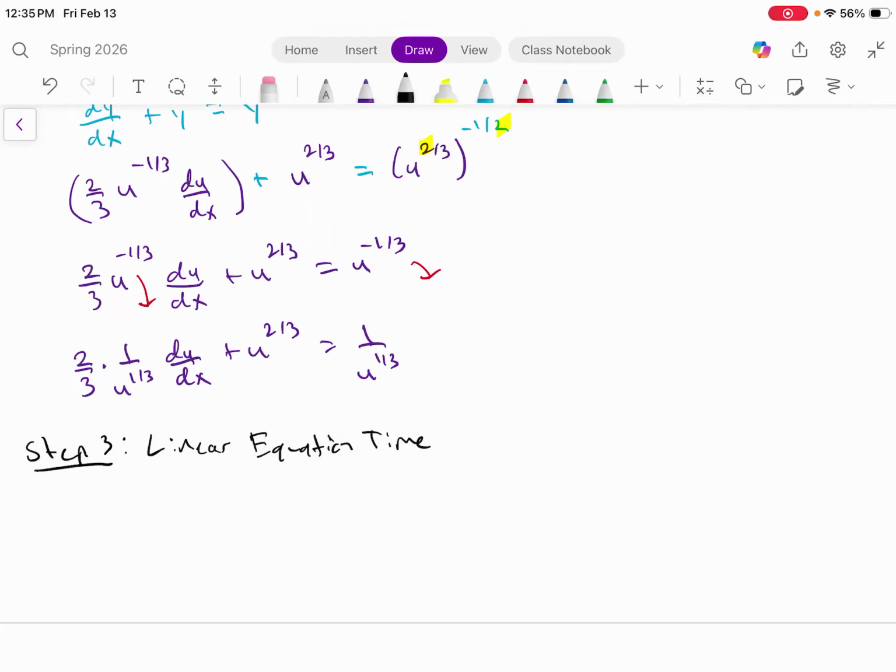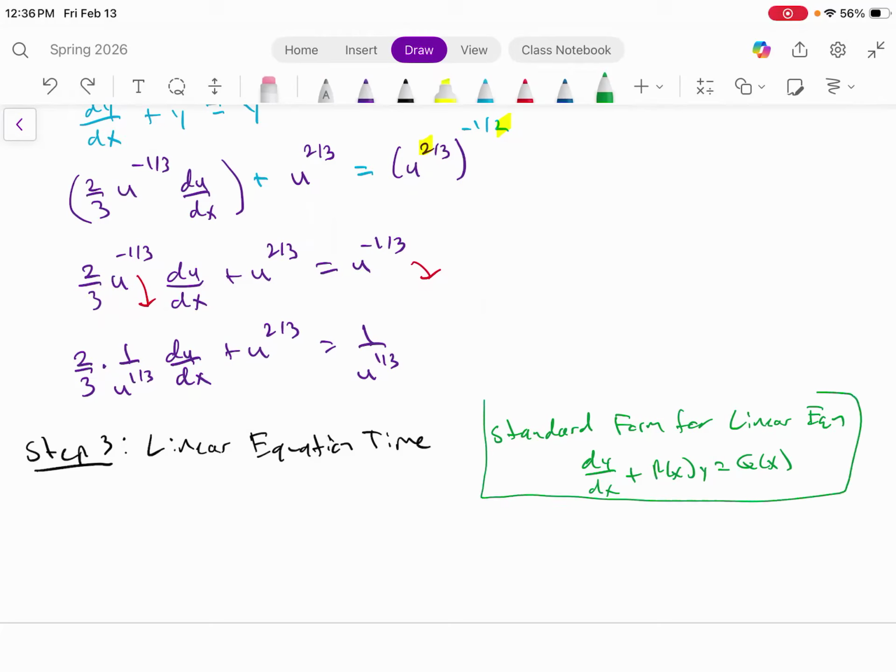And remember the standard form for a linear equation is dy over dx plus p of x times y equals some function of x. Okay, no y to the n, that's a Bernoulli. So now we have our linear equation.